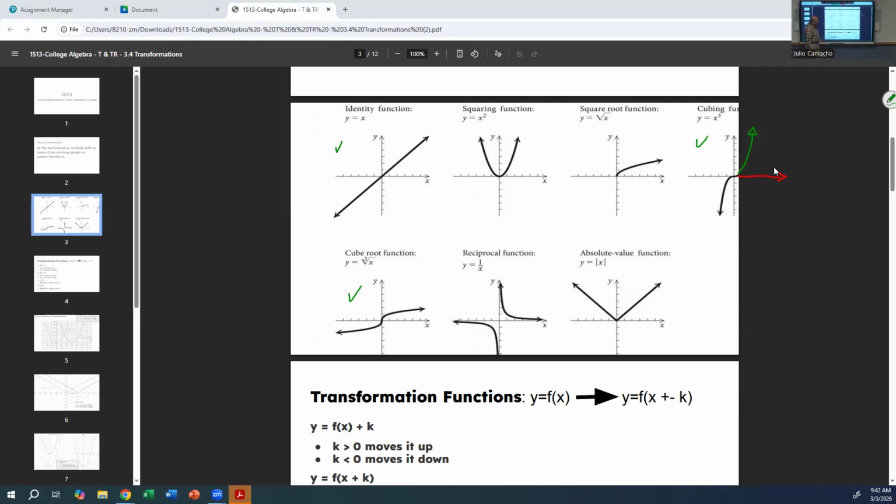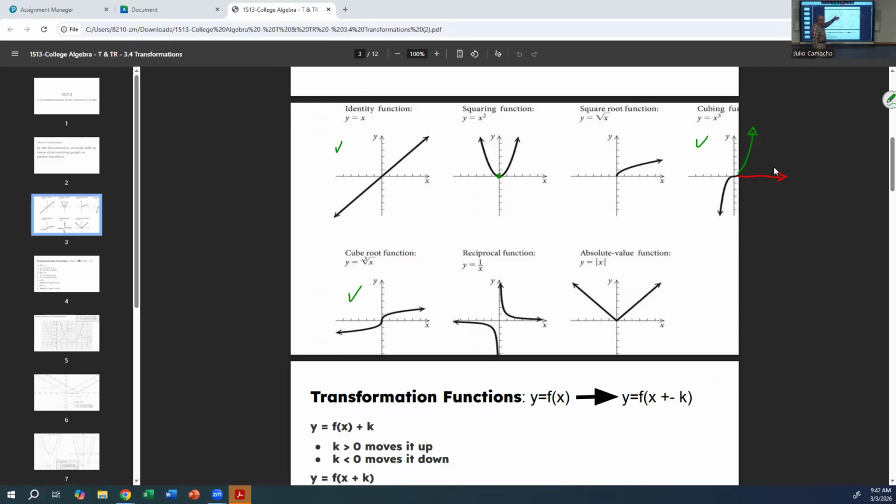And then the second thing that we can observe, all the even functions like x squared, like the absolute value, and also y equals the square root of x, all have their vertex. What is the vertex? The vertex is the lowest or the highest part of the parabola.